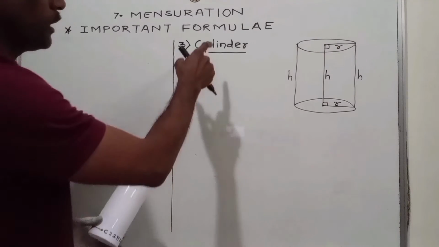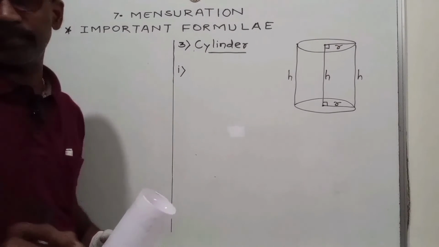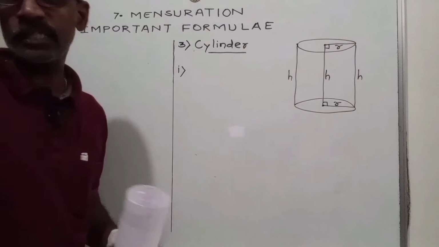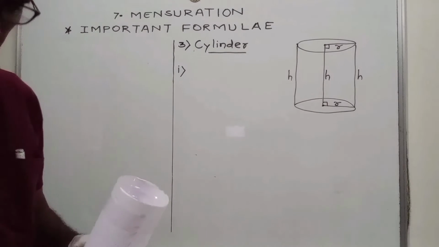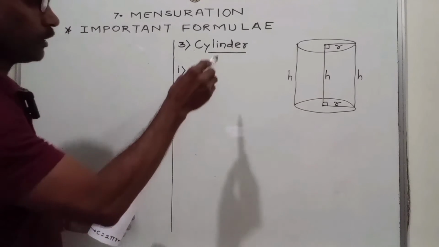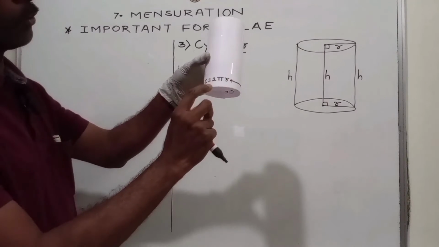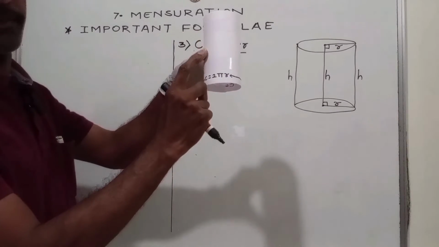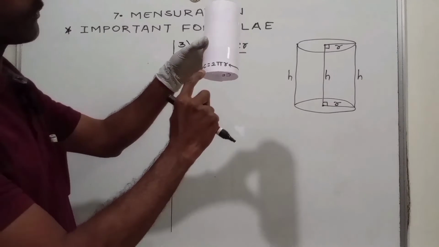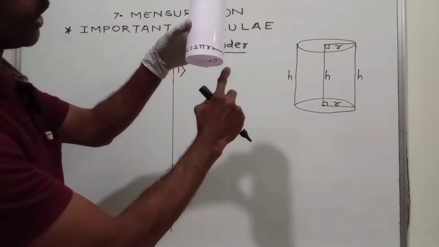So we say right circular cylinder, but we write here only cylinder. Now here in this cylinder, first we study curved surface area. What is this curved surface area?